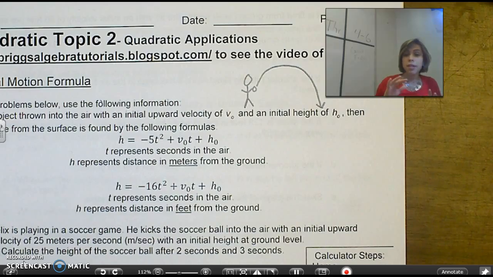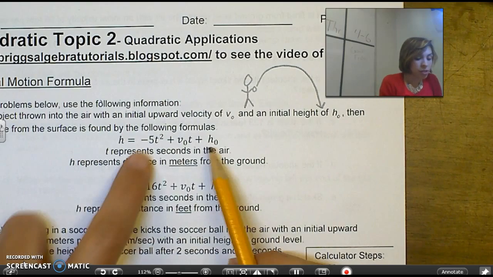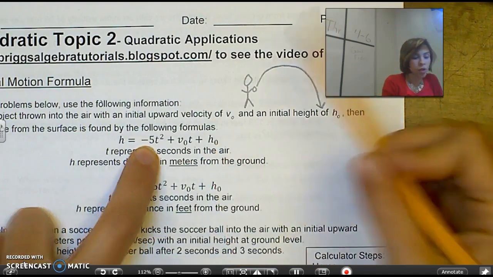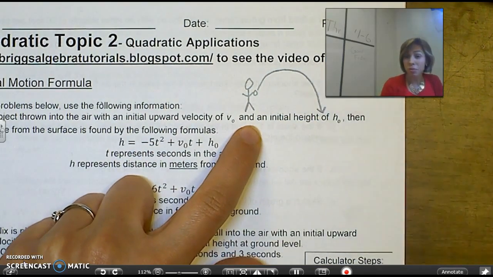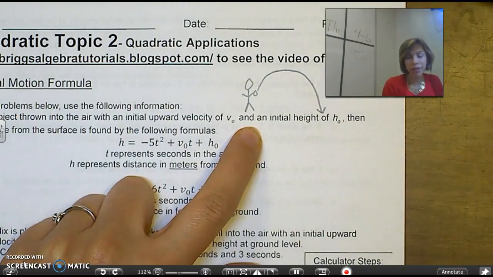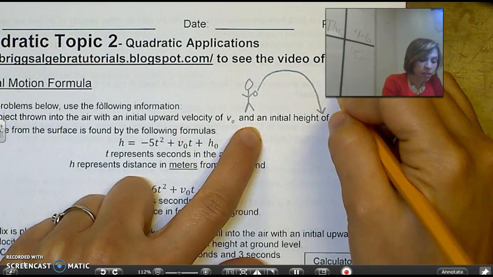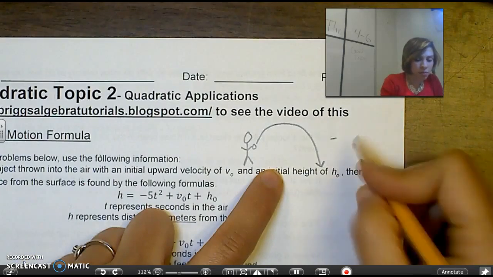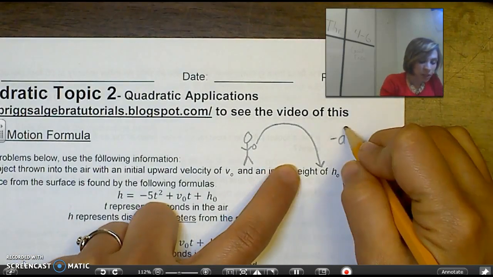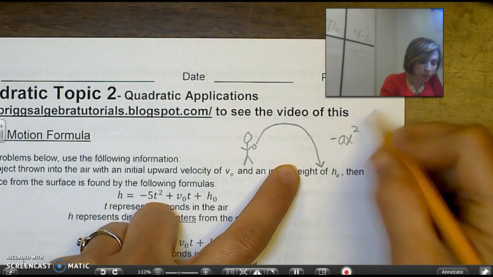We can describe this as an equation, a quadratic equation. Because if you notice, this makes an upside down U shape. So U shapes, right, are quadratics. This is actually a negative quadratic because it's upside down. So my A values on these would be negative.